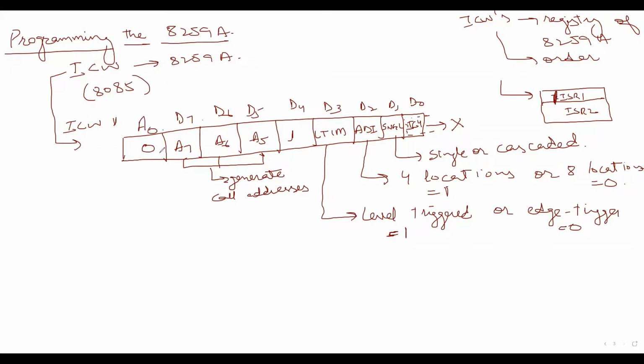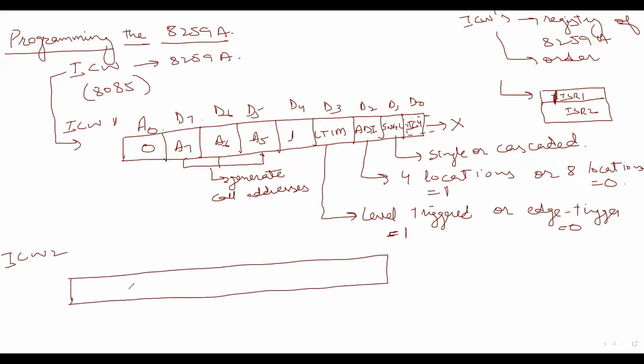Fine. This is one control word. Another control word has the following configuration. It is of 9 bits. This is always 1.